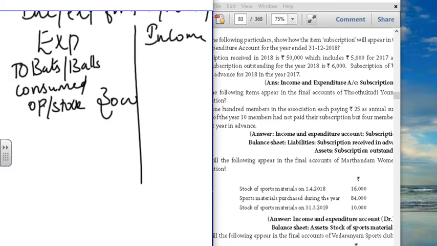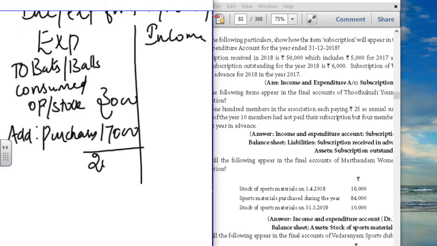Next, add purchases 17,000, so it's going to be 20,000, and less closing stock 4,000.